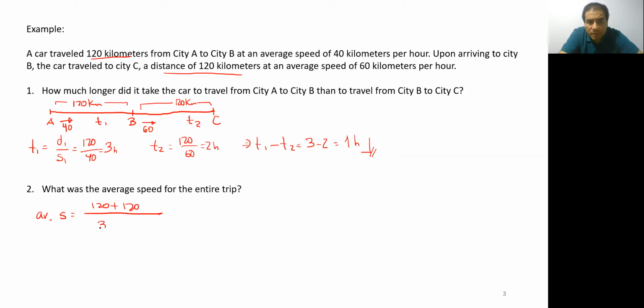We calculated 3 hours plus 2 hours, right? It's the total time taken for the whole trip. So this is just 240 divided by 5. Okay, here is a 2, here 1. 24 times 2 equals 48 kilometers per hour.